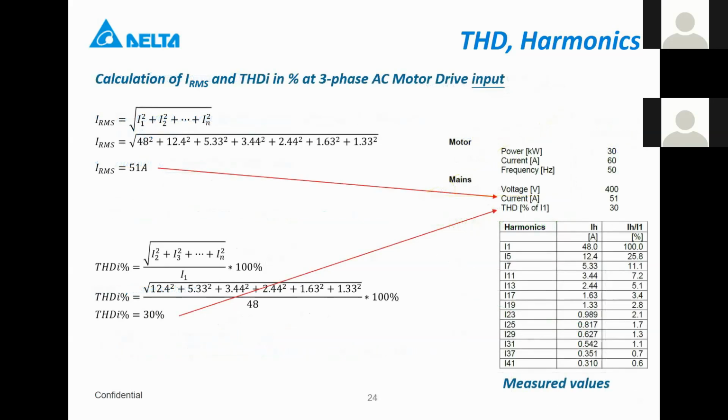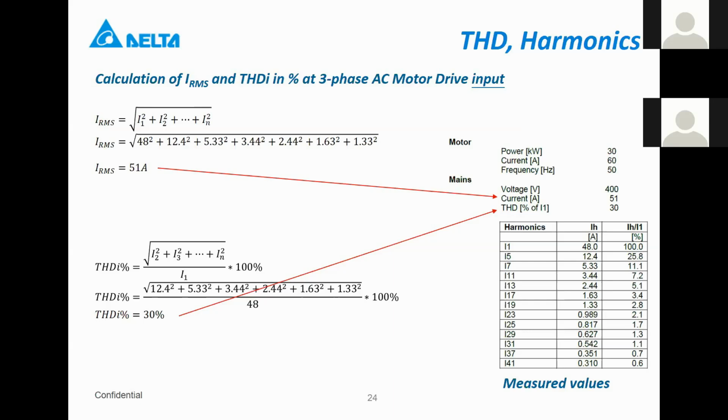How to calculate the total harmonic distortion? First of all, you have to measure the values of the different harmonic orders, because it is not easy to do by calculation with Fourier analysis. That's really a mathematical exercise.